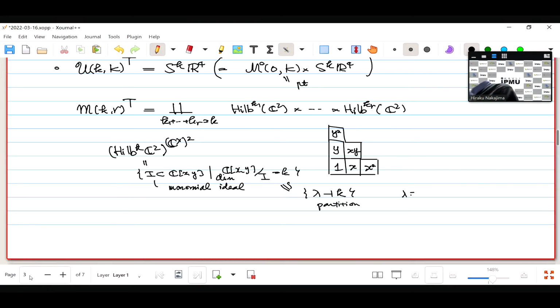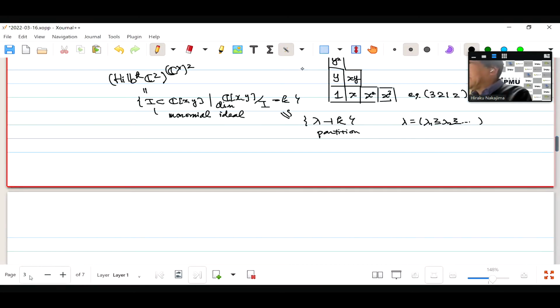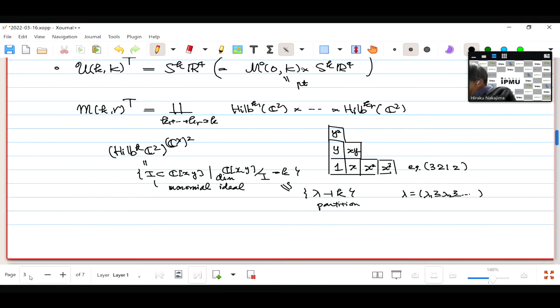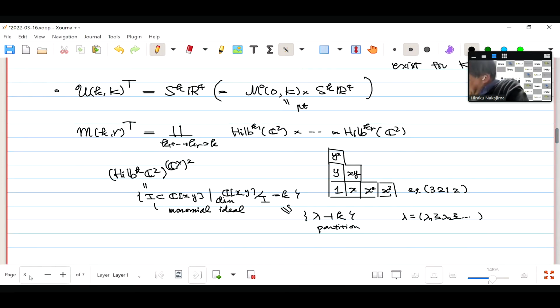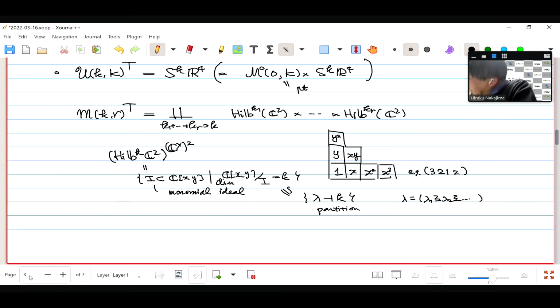So lambda is lambda 1, lambda 2, and so on. I think I will not use my convention, but an example of lambda is 3, 2, 1. So this is my convention. Okay. So combining the two, M(K, R) of T and the Hilbert scheme of points correspond to partitions.